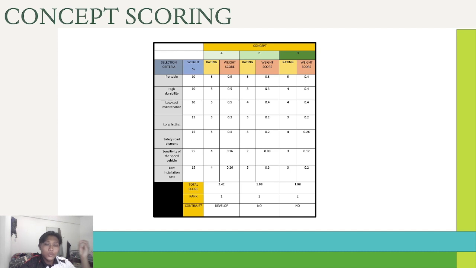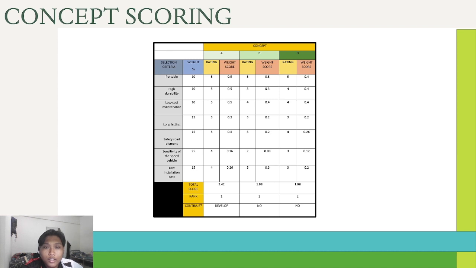Okay, we can see from the concept scoring table, we get the selection criteria from the customer needs, also based on our time, cost, and environmental sustainability. We can see portable has a 10% weight, also high durability, and low cost maintenance.